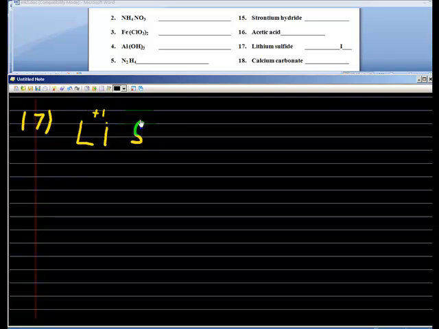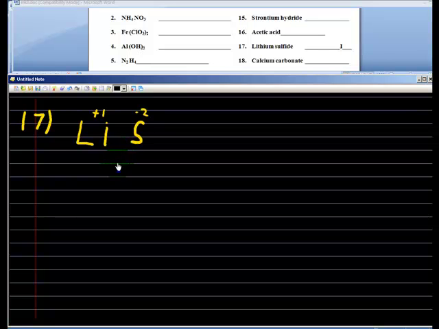It's going to lose 1 electron. Sulfur is going to be a -2. It's going to pick up 2 extra electrons in an effort to achieve an outside valence shell which is full.